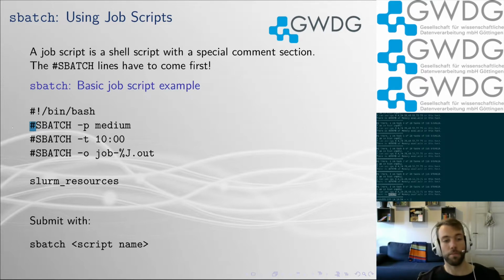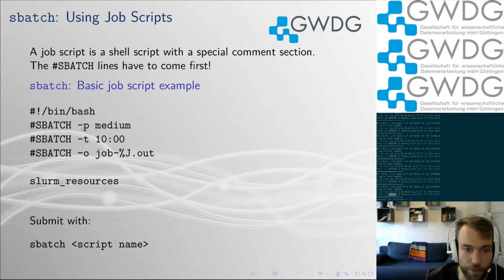But schedulers can use this: if a line begins with hash and then sbatch, then Slurm will interpret it for you and say, okay, you can now add sbatch, and then add options that you usually would add to srun on the command line.